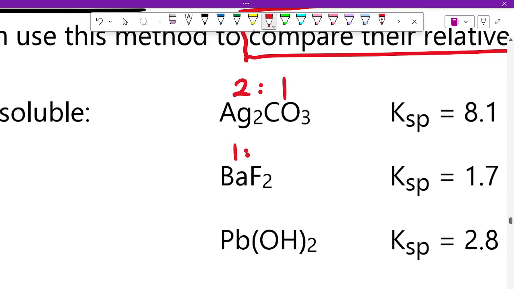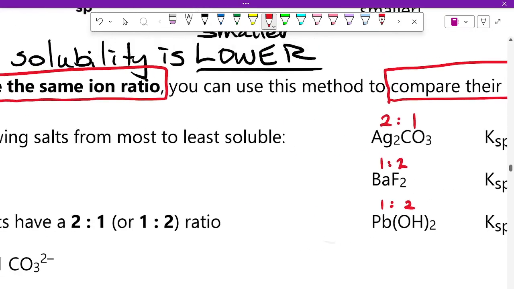A 1-to-2 ratio. And how about lead hydroxide? We have a 1-to-2 ratio. So what that means is that the actual formula for calculating the solubility is the same for each of these. Let's just take a quick look at a couple of them.